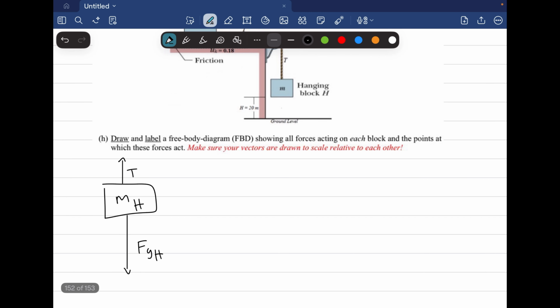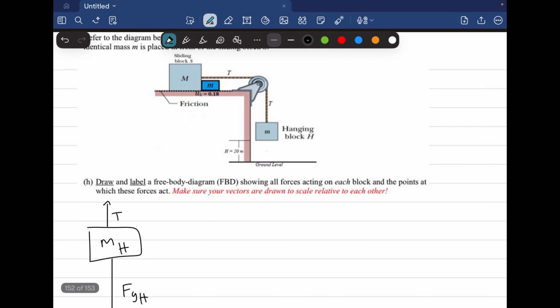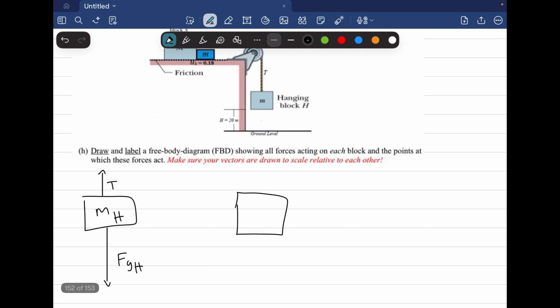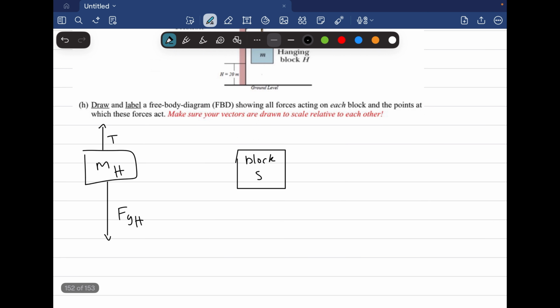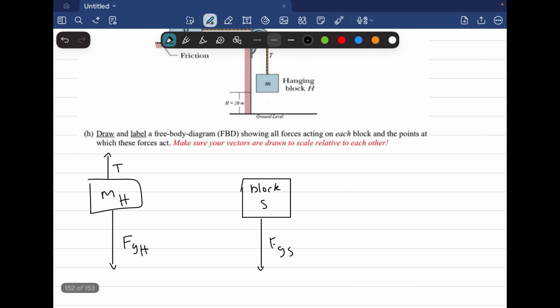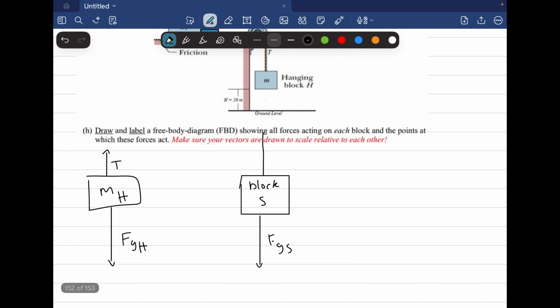And then next is the large block S, right? Block S. So Fg is always there. Fg of S. Then since it's on the floor, your Fg has to be equal to your Fn. So I'll draw that as best as I can.